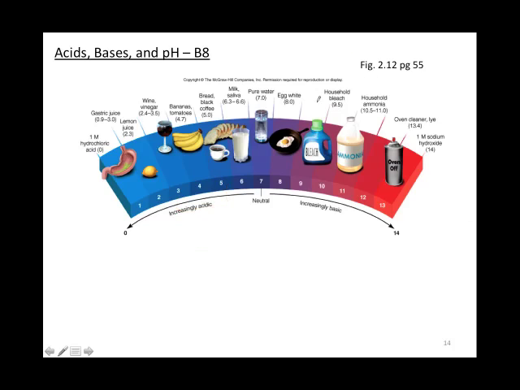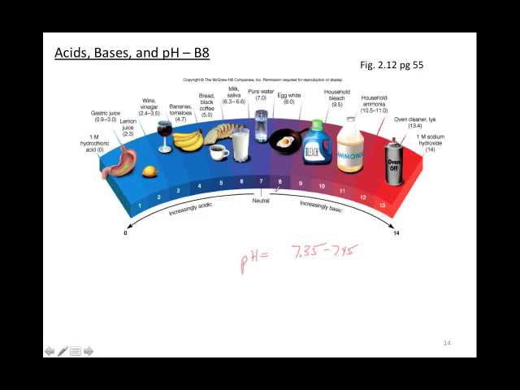Now, why do we talk about pH? Well, blood and body solution pH is very important. There's a very small window for pH in the body, and the pH range of the body is 7.35 to 7.45. That is the basic range. So is that on the slightly acidic or slightly basic side?